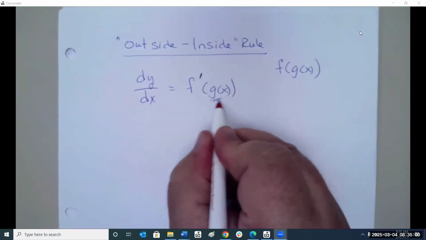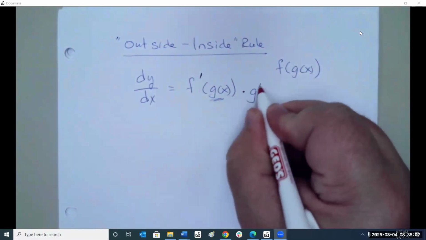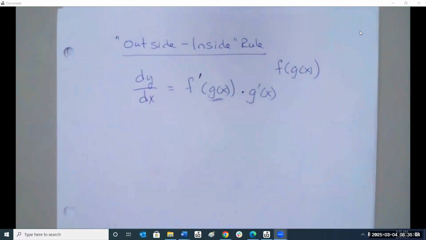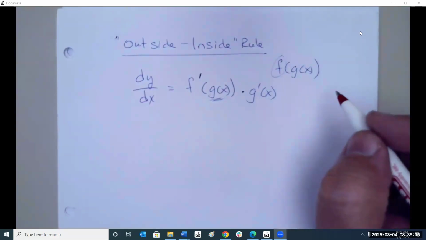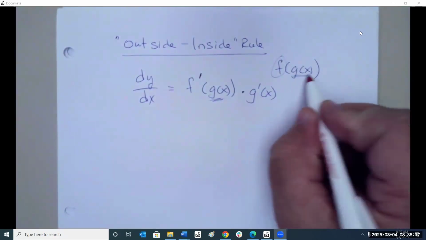I didn't do anything with g of x. Now I take the derivative of the inside. That's what the chain rule theorem tells us: do the outside of the function first, and then take the derivative of the inside of the function.